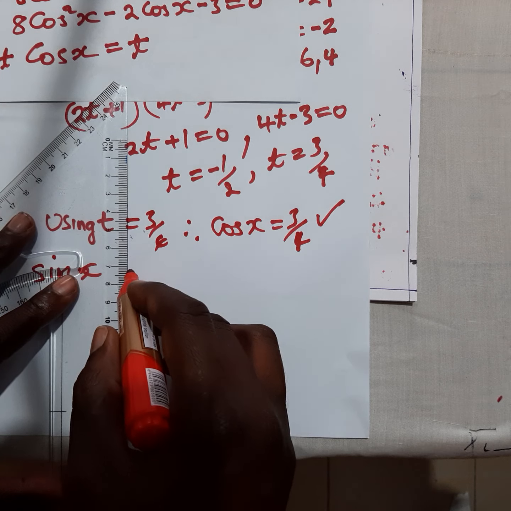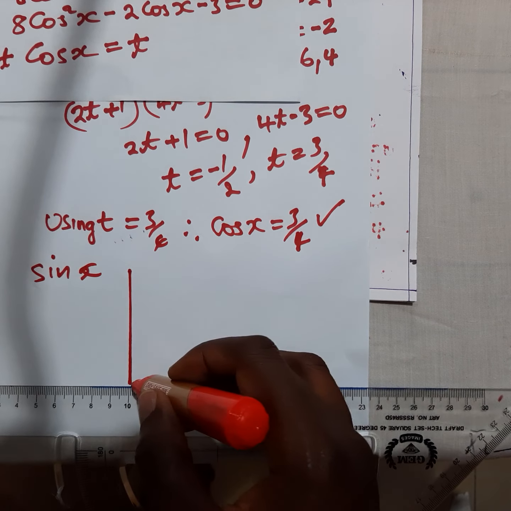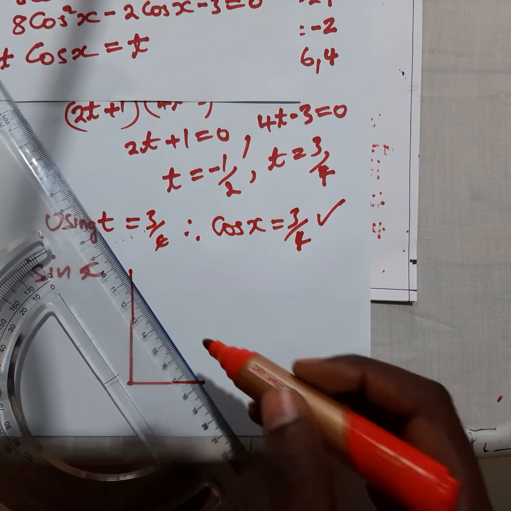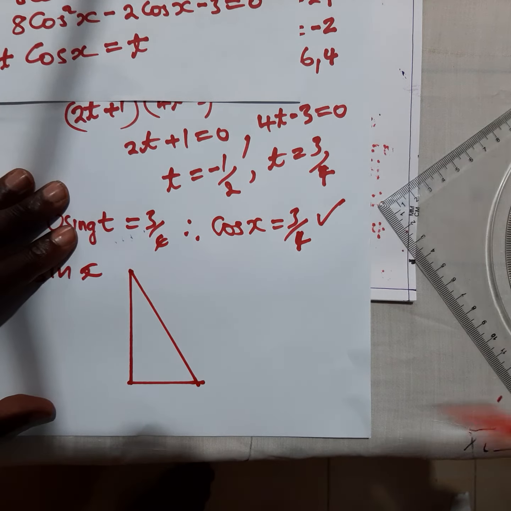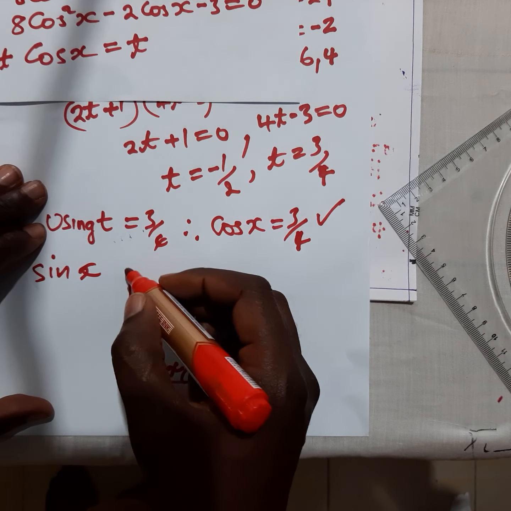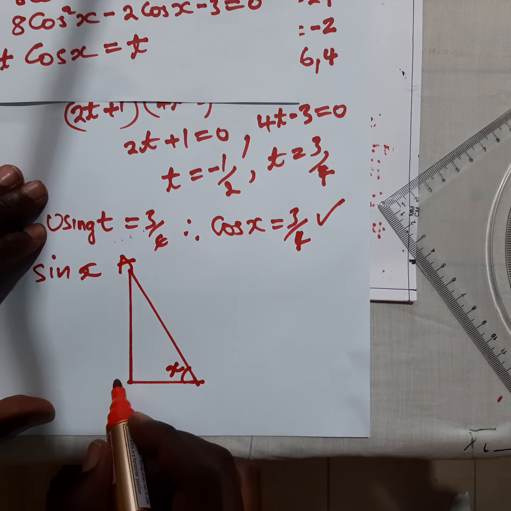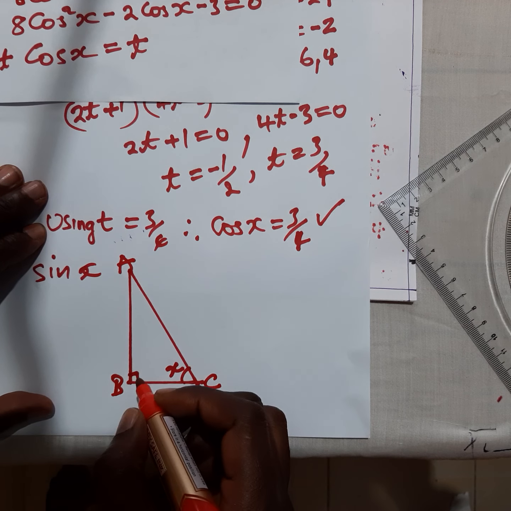We have a right angled triangle like this, with x there. You can say this one is A, this one is B, and this one is C, and this one is a right angle.